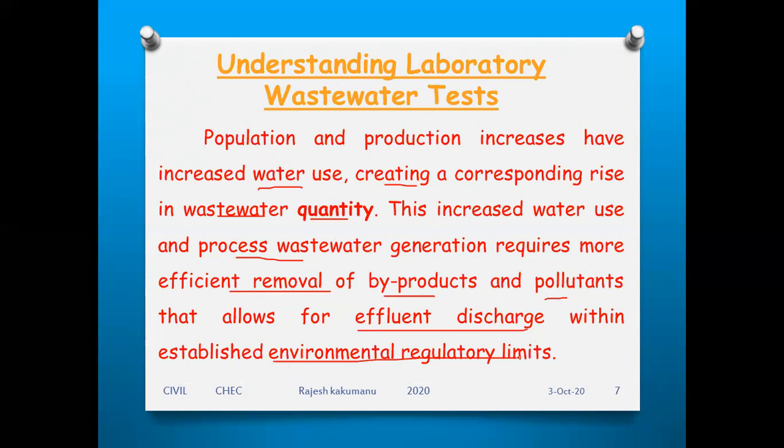These should be removed properly, which allows for effluent discharge within the environmental regulatory limits. According to the standards prescribed by the environmental engineering department, we have to remove all these things. Once it is collected, we have to go for the treatment process.